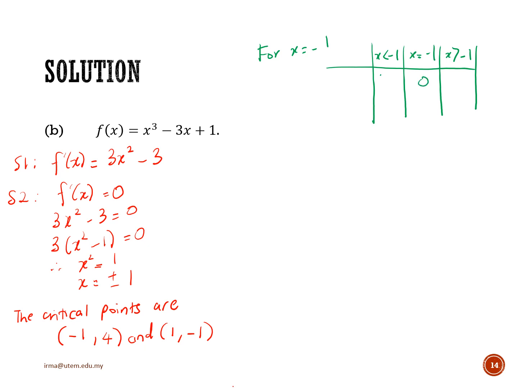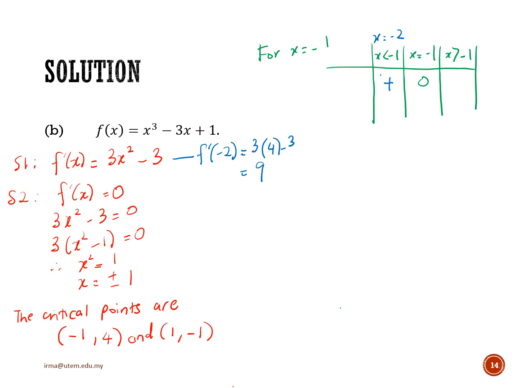If we substitute x with something less than negative 1, for example x equal to negative 2, using f prime x just now, f prime negative 2 is equal to 3 times 4 minus 3, which is 12 minus 3, we get 9. So you have a positive value here.